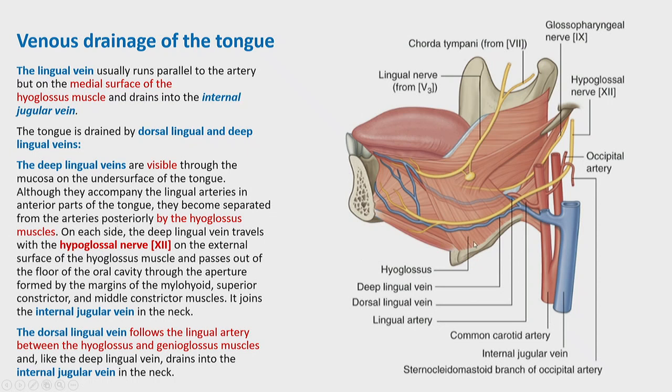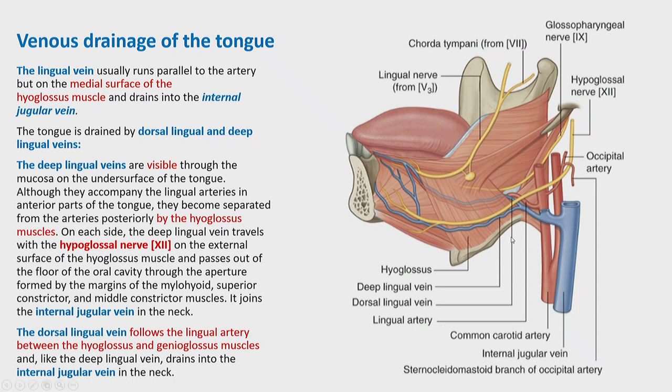Very interesting is that this deep lingual vein has the same pathway as the hypoglossal nerve, which is cranial nerve number 12. So sometimes it's called the vein accompanying the hypoglossal nerve, vena comitans nervi hypoglossi.